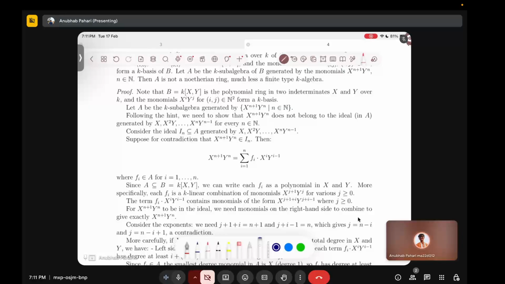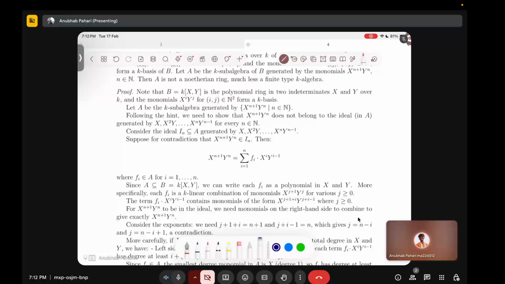We will show that x^(n+1) y^n does not belong to this ideal I_n, and therefore you will always get I_(n+1), I_(n+2), each containing the preceding term, and so on.